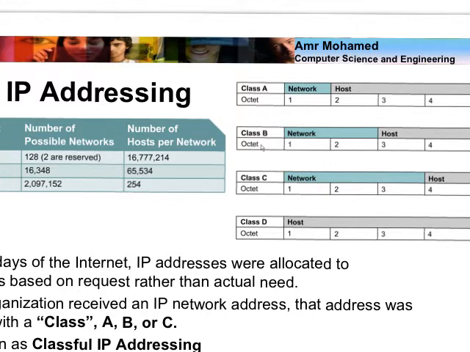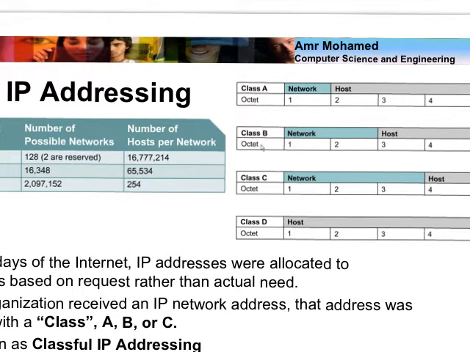Okay. Class D, as we will see later, is for multicast. And in that case, all the 4 bytes are for hosts, and again it's in a specific range. So if the first byte is in a specific range, then we know that this is a class D or multicast address, and in that case the whole address is going to be a host part.